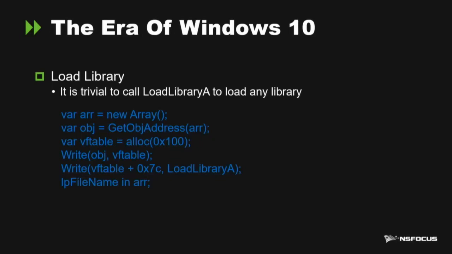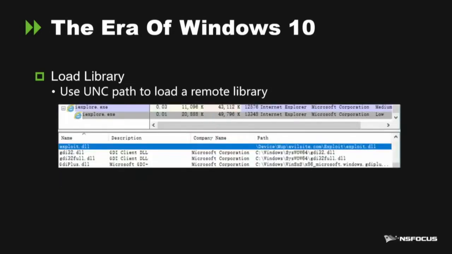Here is a simple JavaScript code that can do this. So with this capability, we can use a UNC path to load a remote library which the attacker can fully control. So when this library is loaded, it will get execution.